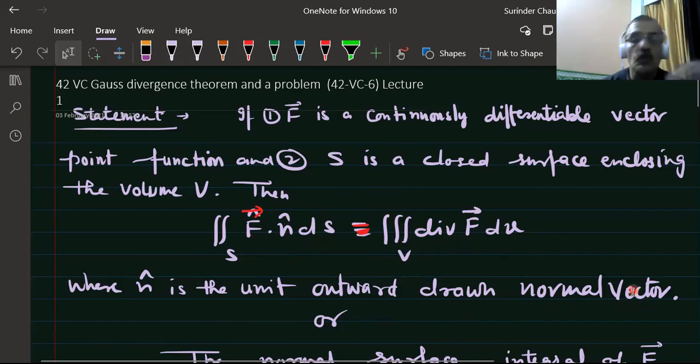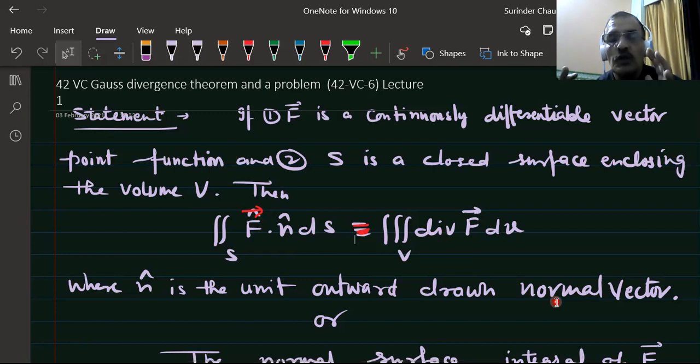It's outward drawn. If the surface enclosing the volume is not a smooth surface, it will be piecewise smooth.